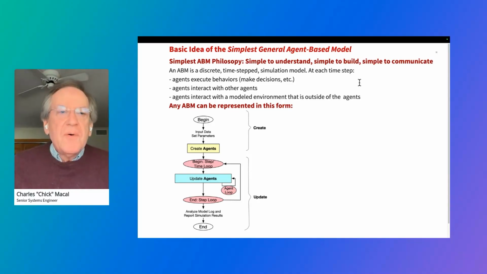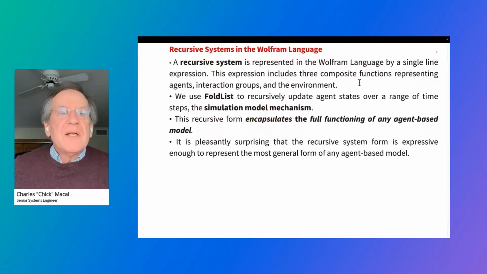Okay, so my goal was to simplify this representation into one single recursive equation. And I did that, and I want to show you how. A recursive system is represented in the Wolfram language by a single-line expression.